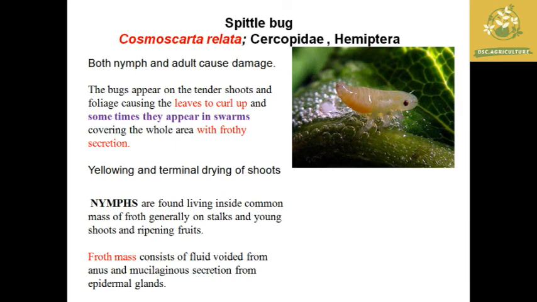The froth mass consists of fluid voided from the anus and mucus secretion, and also from epidermal glands, and secondary infections from pathogens can occur, for which it acts as an opening site.